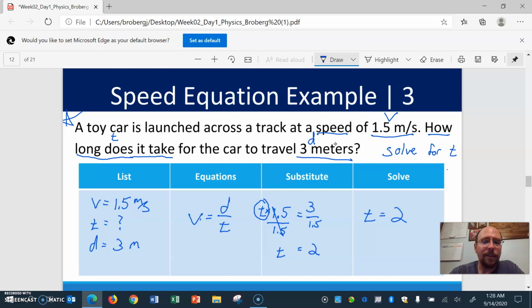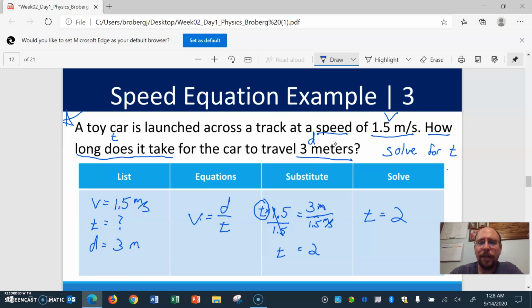This 3, it was actually 3 meters. I'm going to put the meters in there. And then this 1.5, it was really meters per second. So I'm going to put that in there. When I divide by that, or look at what's happening to these, it is this top thing divided by this bottom thing.